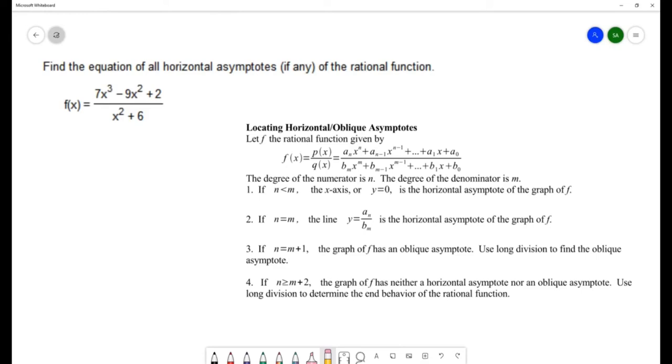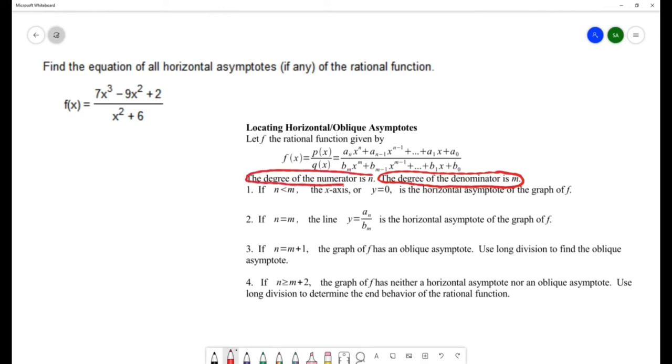So in our algebra class, what we do is we memorize the conditions of each one of those circumstances, and then we're going to be able to determine what the horizontal asymptote is based on those circumstances. Now, these rules are based on the degree of the denominator and the degree of the numerator.